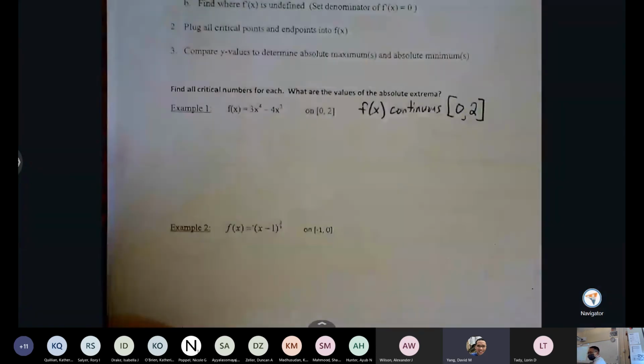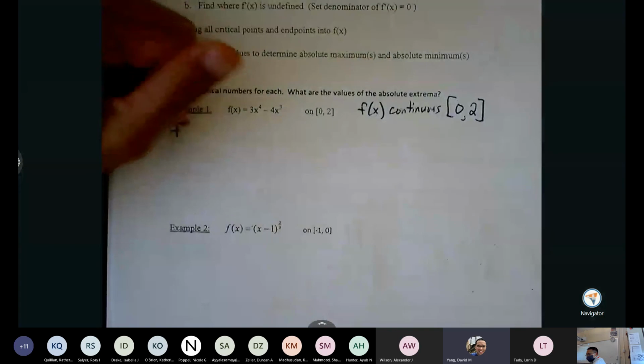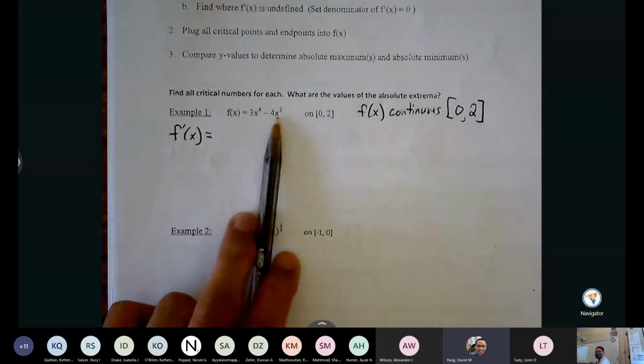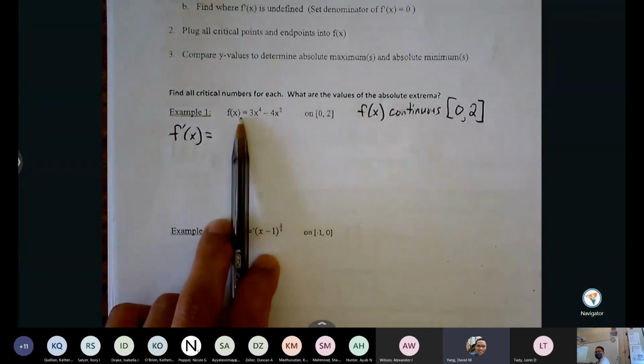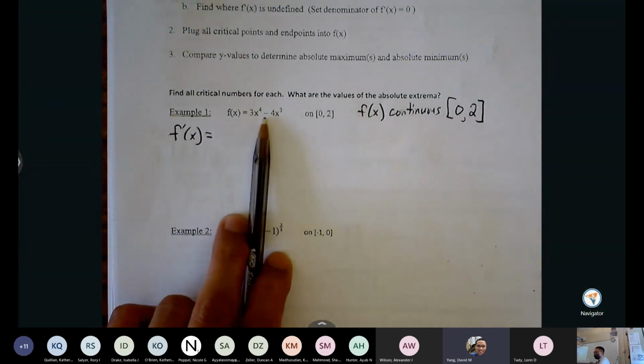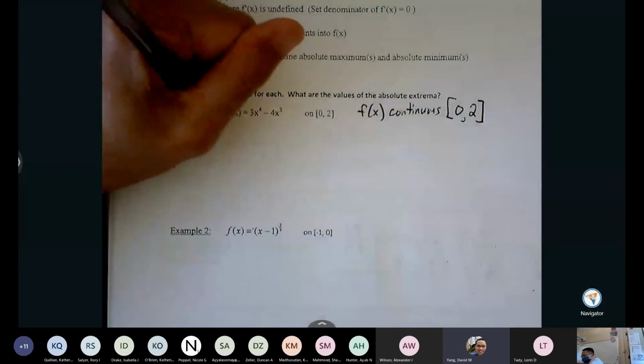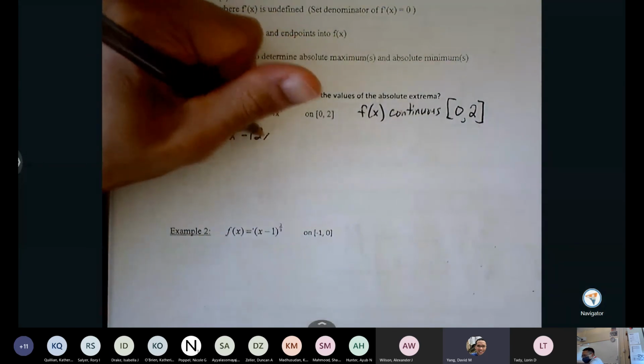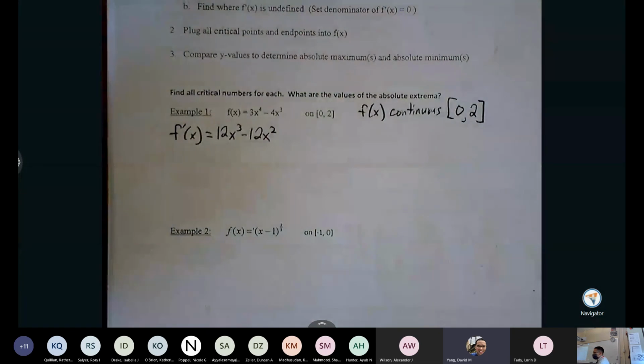All right, so let's find f prime. Power rule, right? What's the derivative of f of x? 12x cubed. Good. 12x cubed minus 12x squared. Okay, so this is where we're going to be looking for critical values.